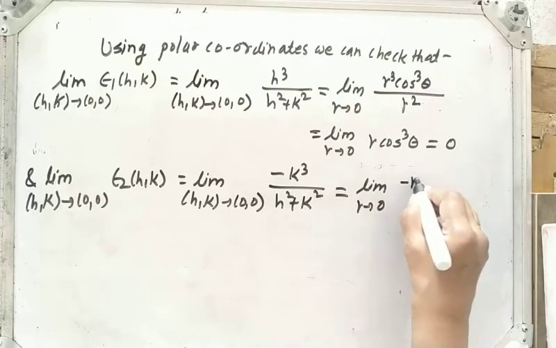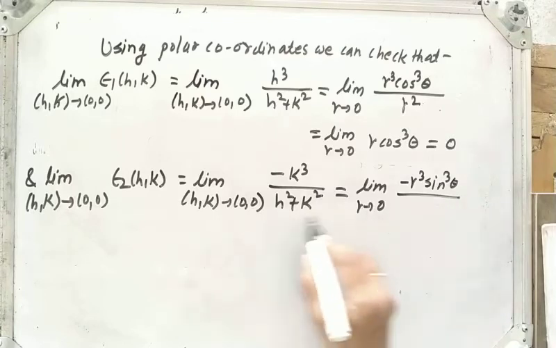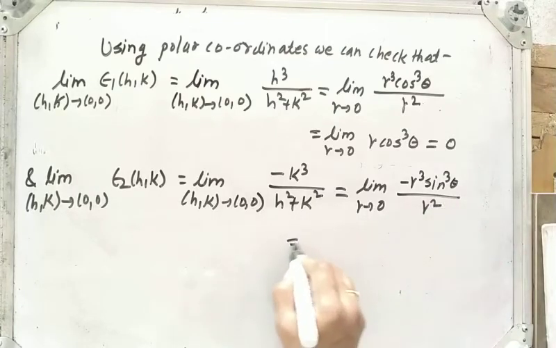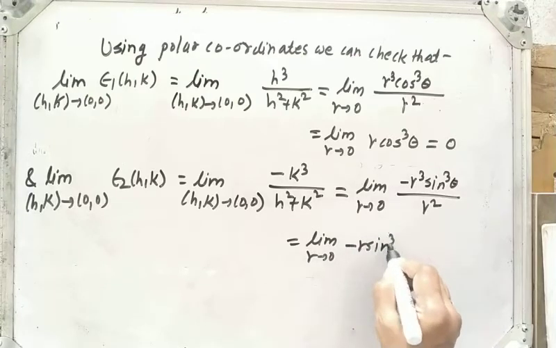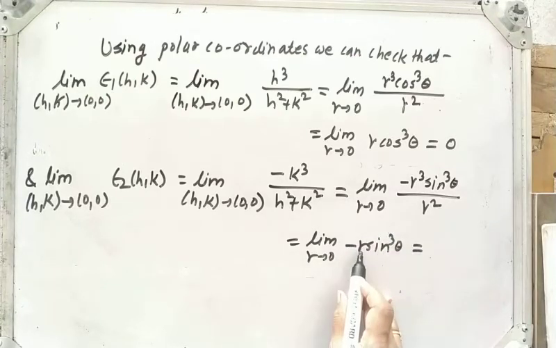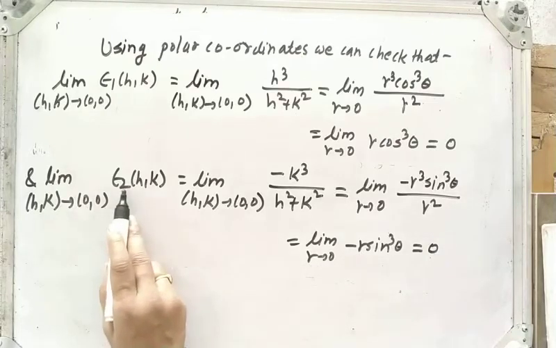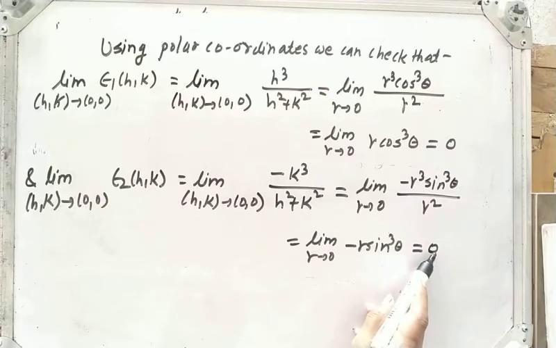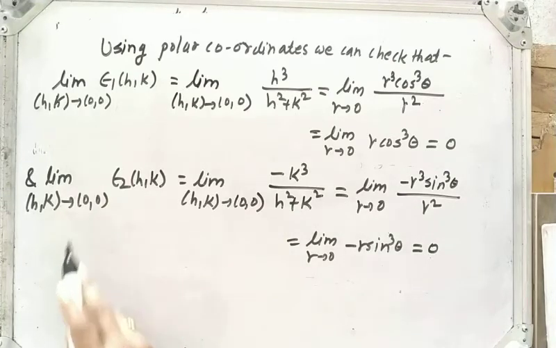So minus r cube sin cube theta, and here again there will be r square. So finally what we get is the limit as r tends to 0 of minus r sin cube theta. After applying the limit, r tends to 0, we get 0. Means the limit of epsilon 2 is 0, that is epsilon 2 tends to 0 as (h,k) tends to (0,0). Therefore we can say the condition of differentiability of f at (0,0) is satisfied.